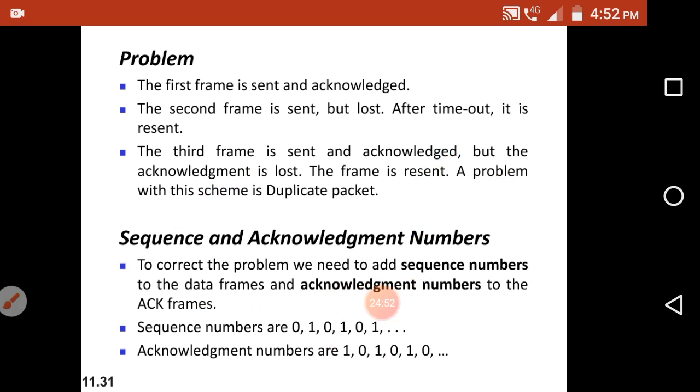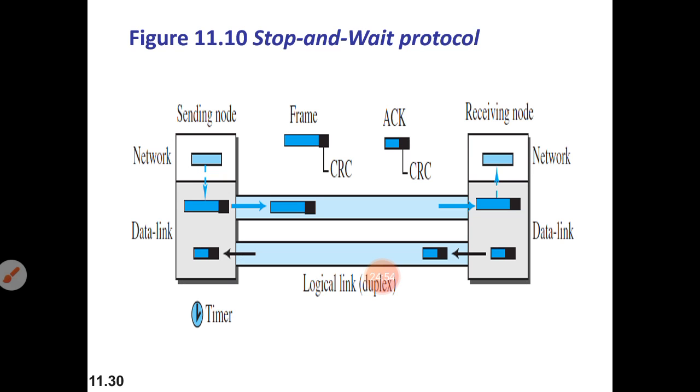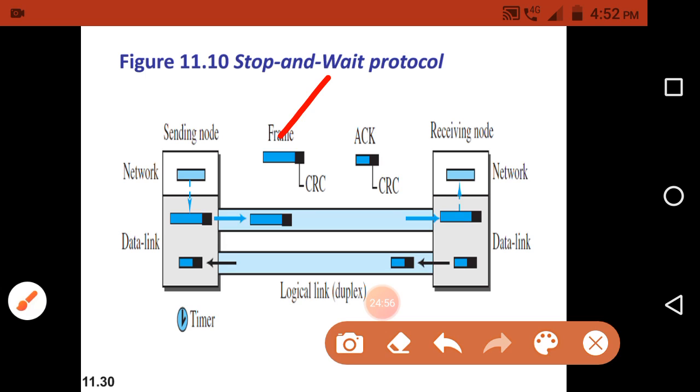There are two frames here: one is the data frame, another is the acknowledgement frame. So for the data frame we attach the sequence number, and for the acknowledgement we attach the acknowledgement number. By using these, we avoid the duplicate packet problem.